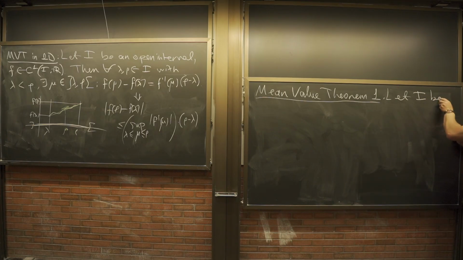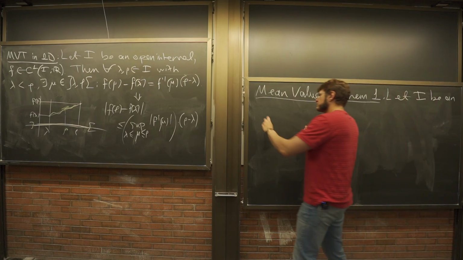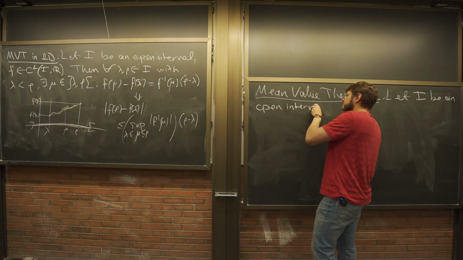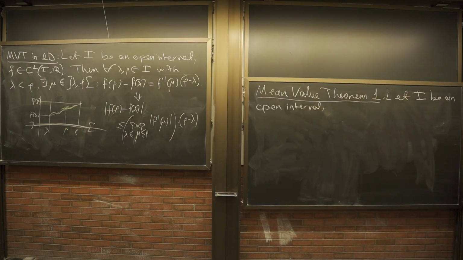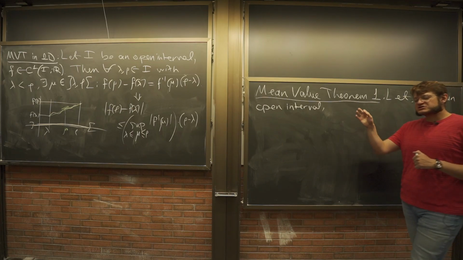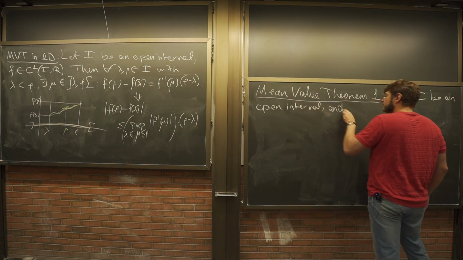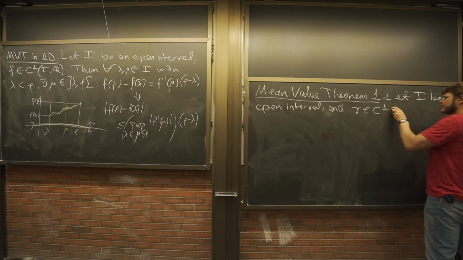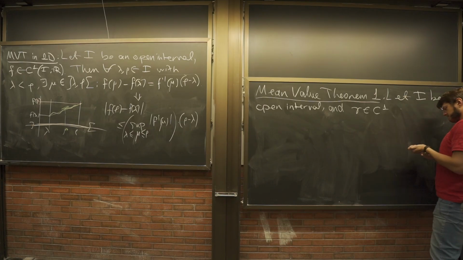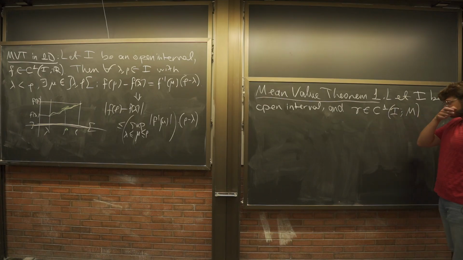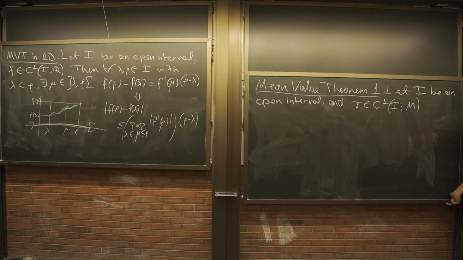Let I be an open interval, and let gamma be a C1 function from I to M. So it's a continuously differentiable path in M. I'm going to draw a picture in a second. Let me just finish the statement. Then the mean value theorem says the following.